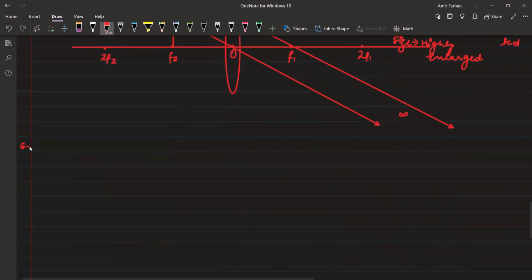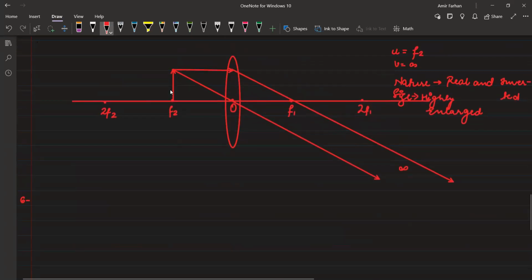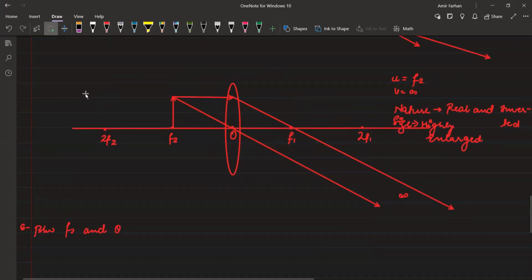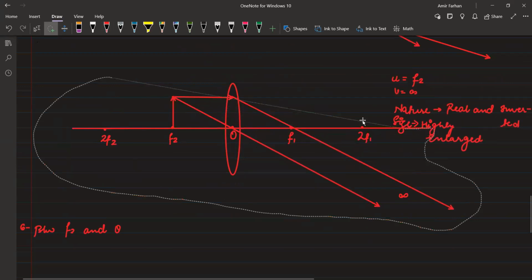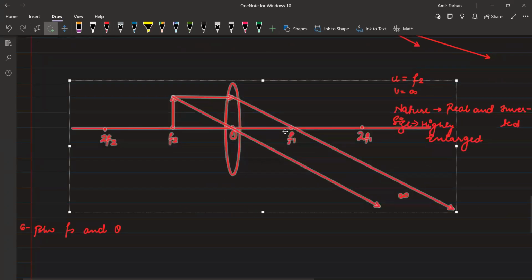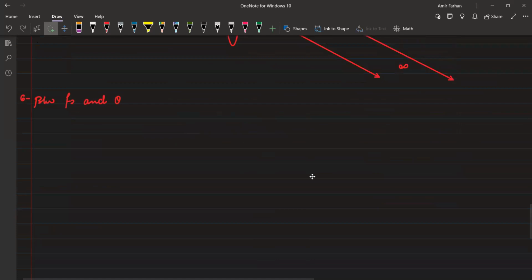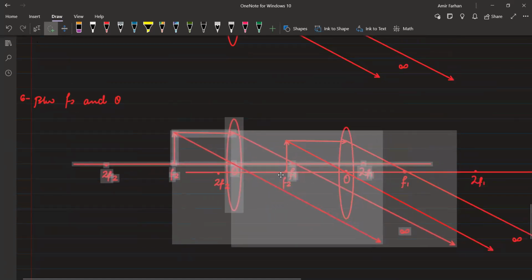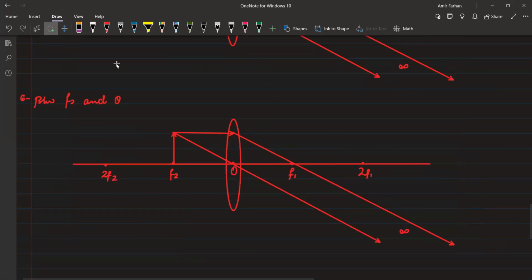No, sir. Okay, now the last case is that the object will move between F2 and O. Okay, so let me paste this.